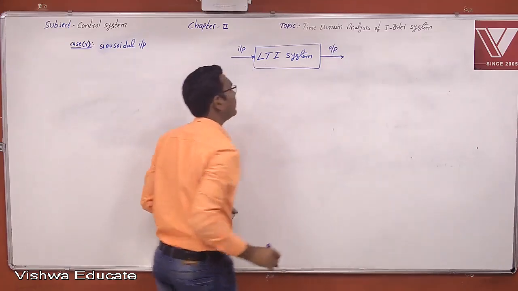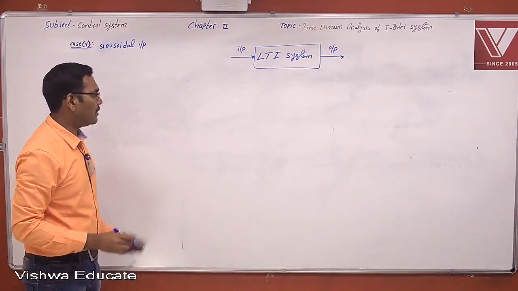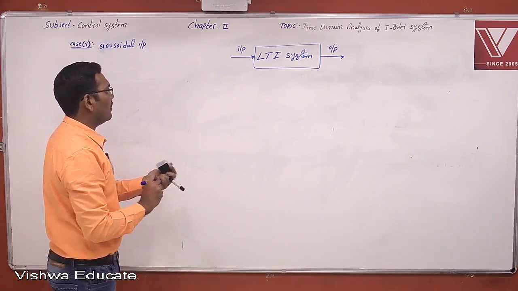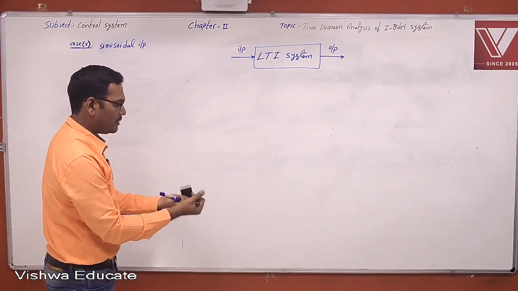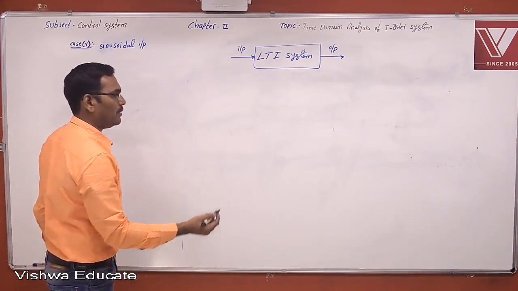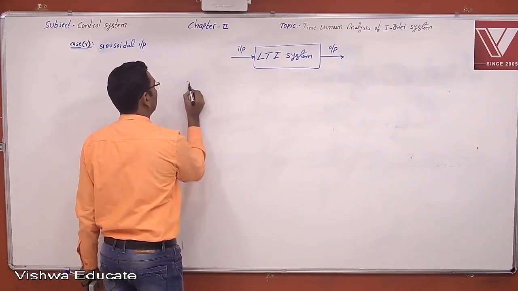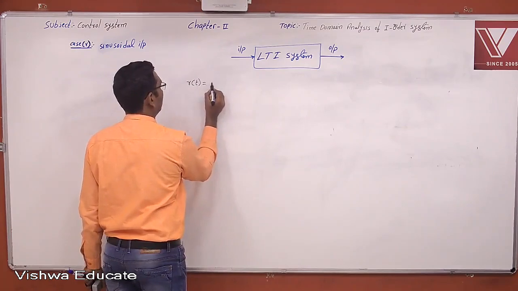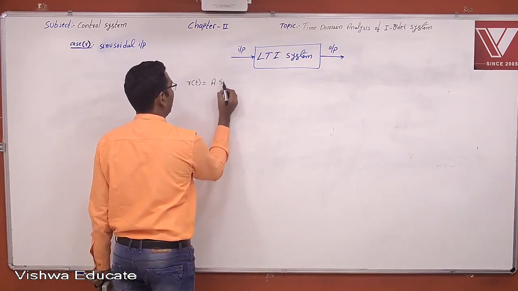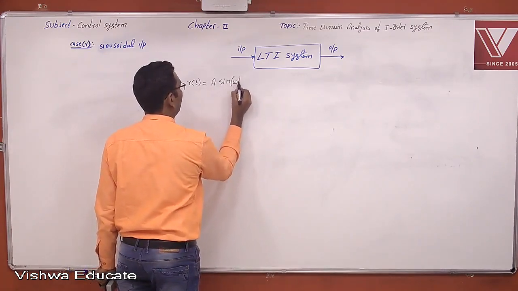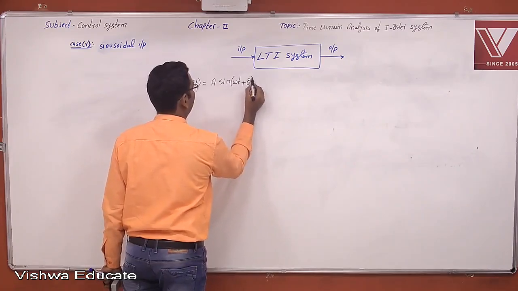I am giving the input R of t as a sinusoidal input. Let us assume the magnitude is A, the frequency is omega, and the phase is some theta.